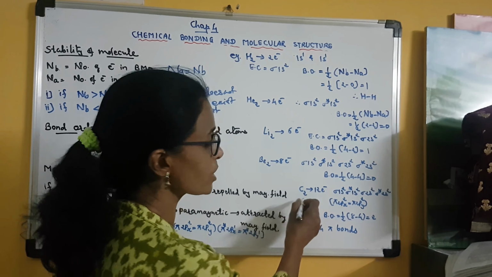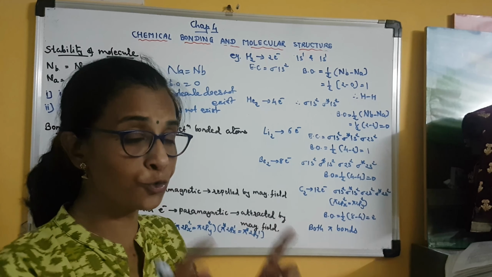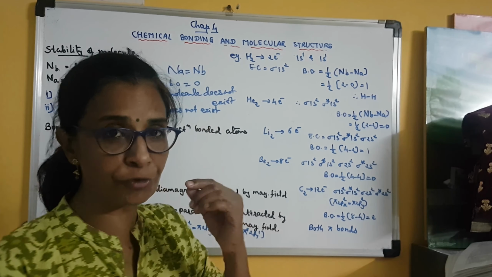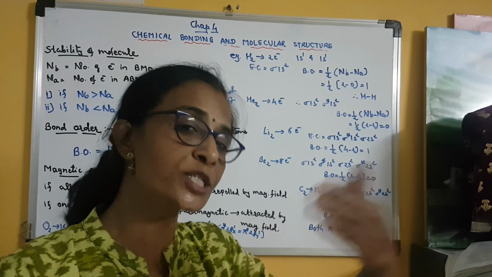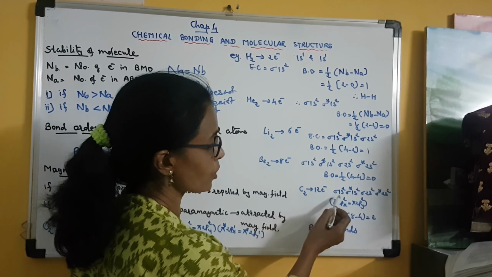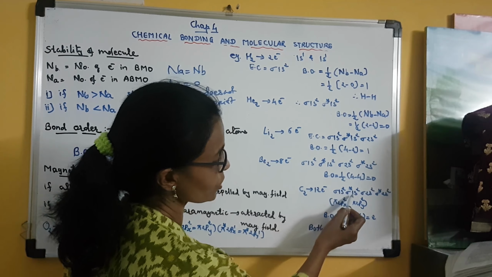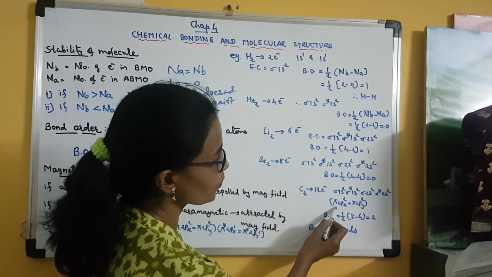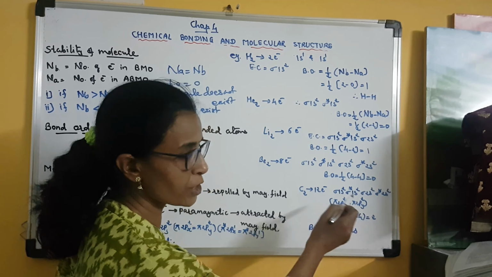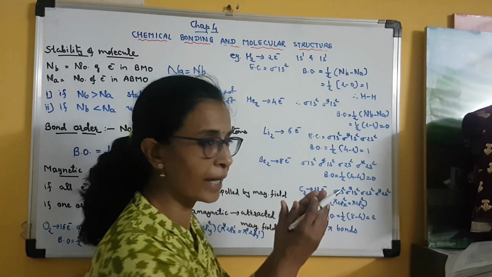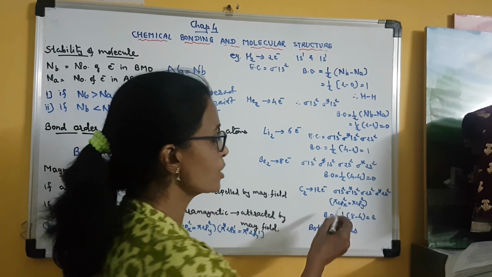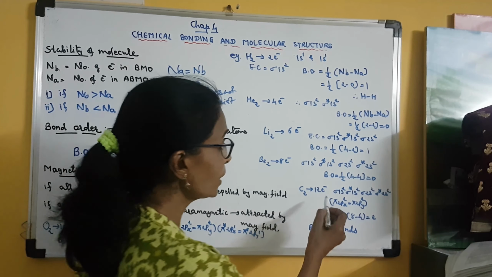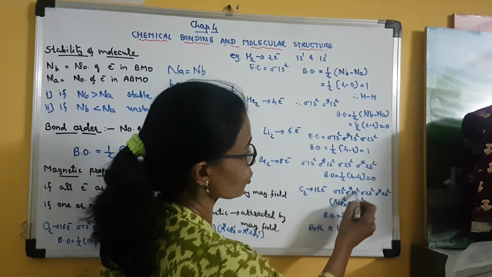Now let us go to this. This is very important. C2. Clear? C2, 2 carbon atoms, they are united. So C2, atomic number of carbon is 6, so C2 means 12 electrons. So 12 electrons are arranged like this: sigma 1s2, sigma star 1s2, sigma 2s2, sigma star 2s2. Then pi 2px2 is equal to pi 2py2. Clear? So you remember the energy sequence of molecular orbitals. So according to that sequence only I have written the configuration. Total 12 electrons, so 2 in each.